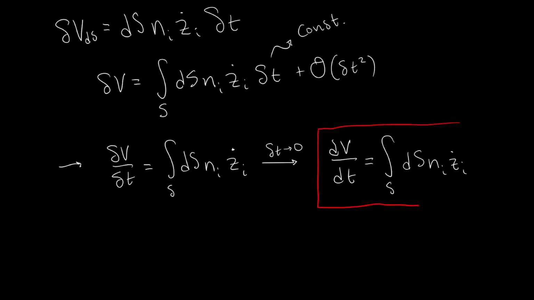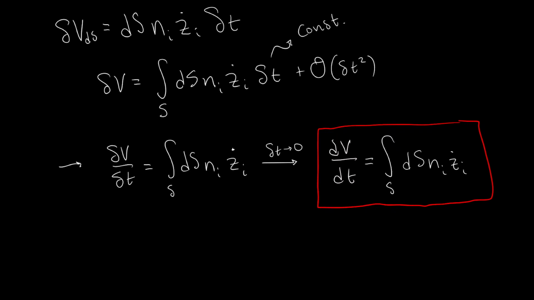So this is how my volume changes. My volume in phase space changes in some small amount of time, right? It's given by the sum over all of these surfaces of essentially the pieces of z dot, so how my phase space vectors are changing at each point on the surface.